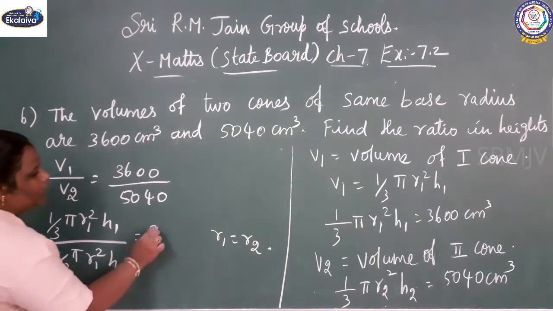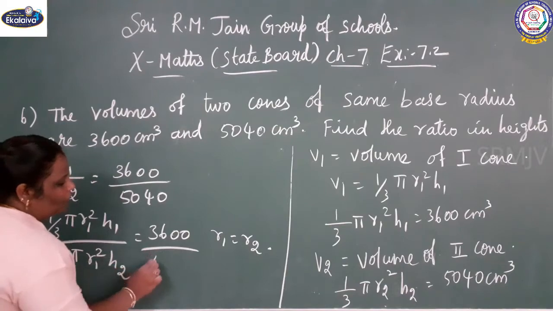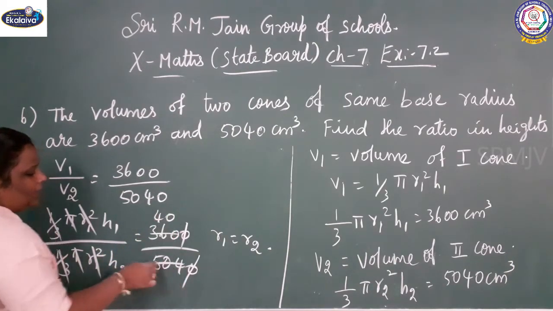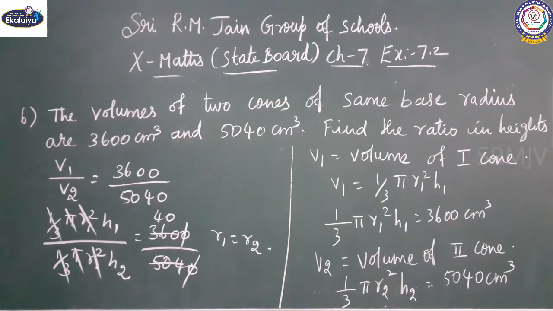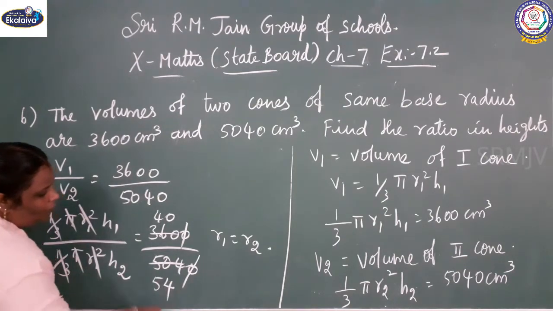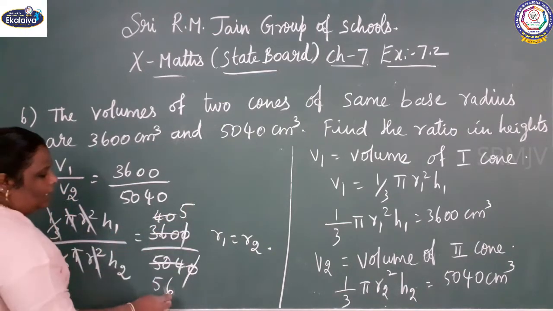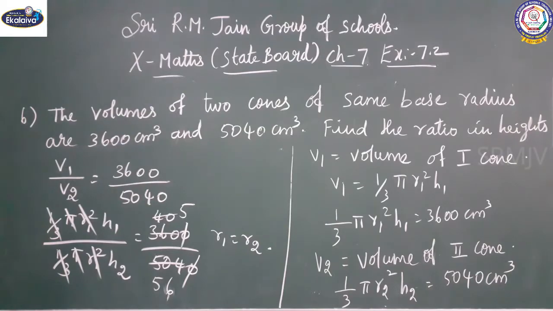What is the value? 3600 by 5040. Cancel 1 by 3 pi R1 square. Then the zero gets cancelled, and cancel by the 9 table: 8 5s are 40, 8 7s are 56.